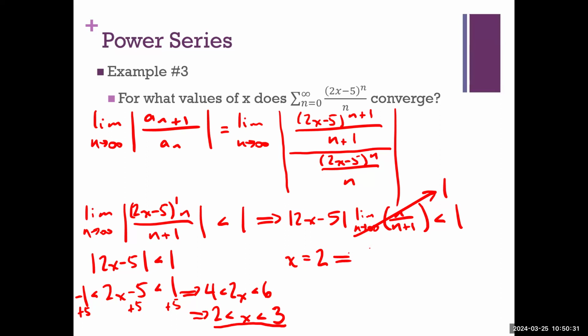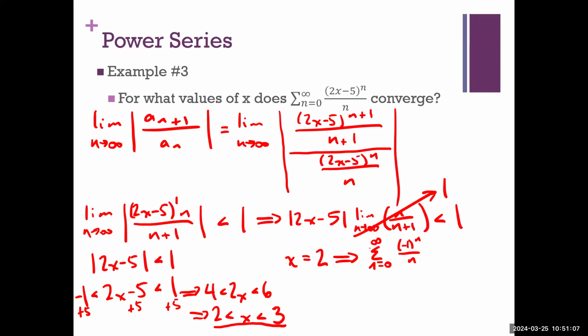If x equals 2, what does our series look like? It should be (-1) to the n over n, right? So let's be clear, where did that come from? Going back to the original definition of this series, when I fix the value of x, I'm not really looking at a power series anymore because I'm not allowing x to vary.